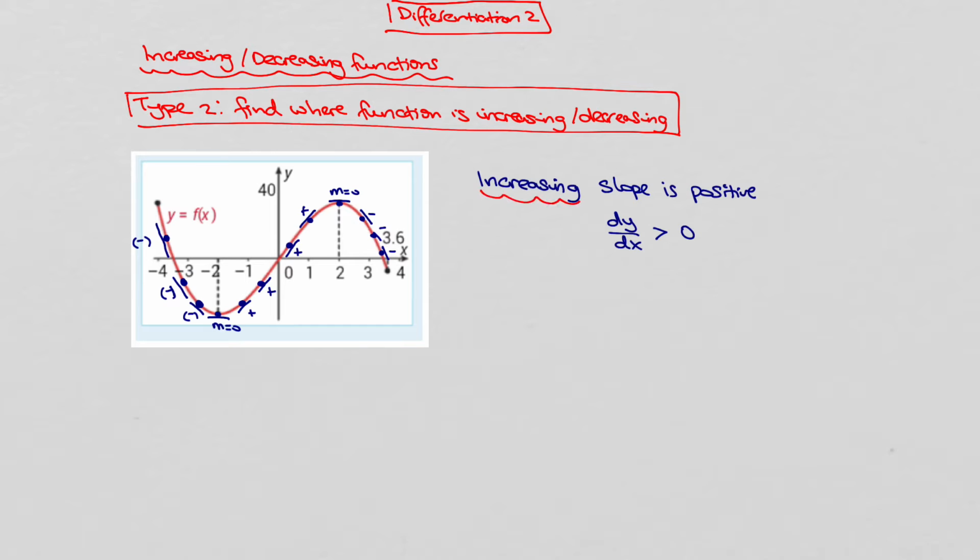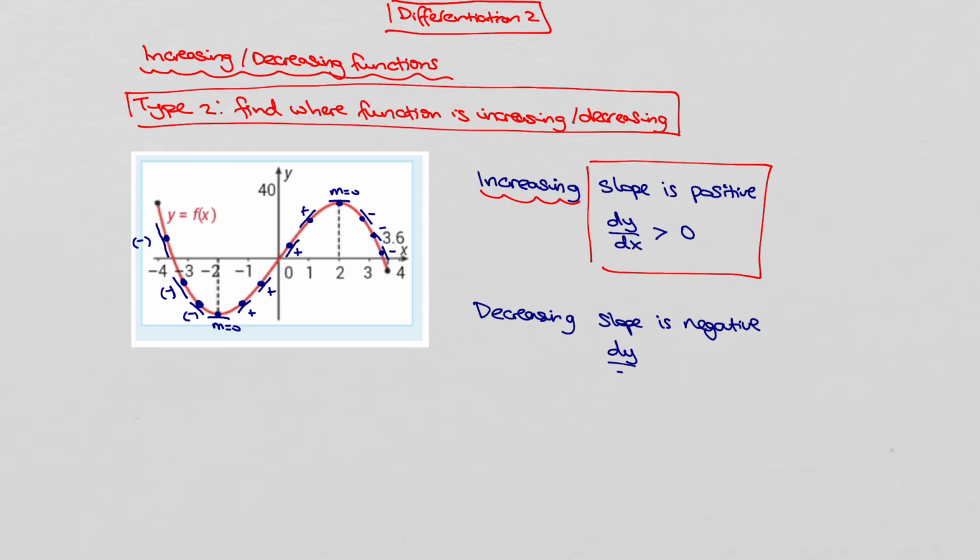So for an increasing function, dy/dx is greater than 0. The function is decreasing when the slope is negative, which means the first derivative has to be less than 0.